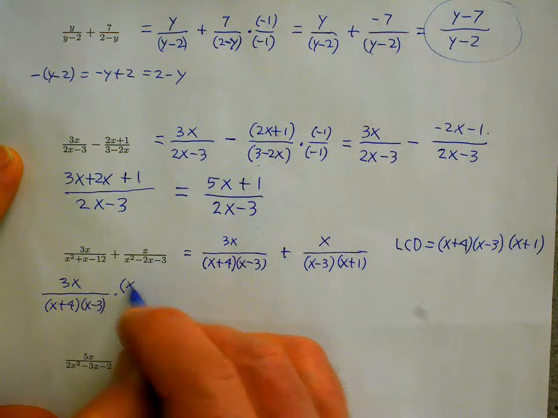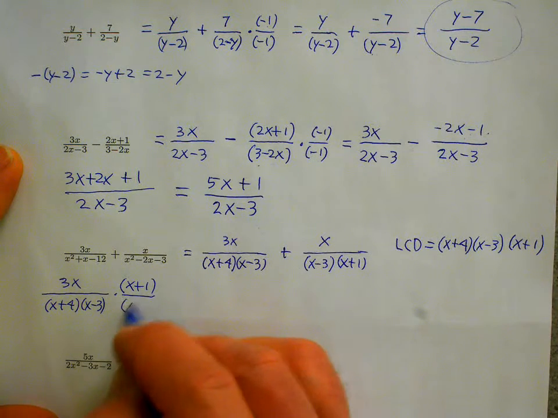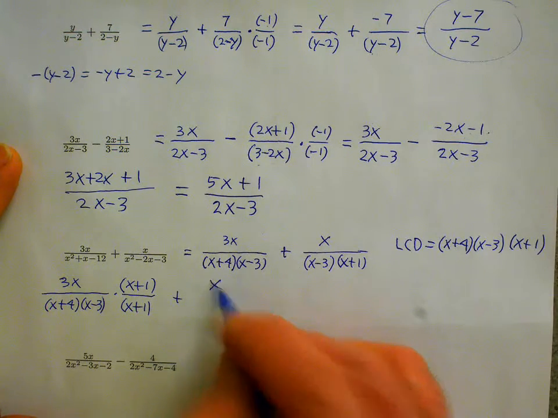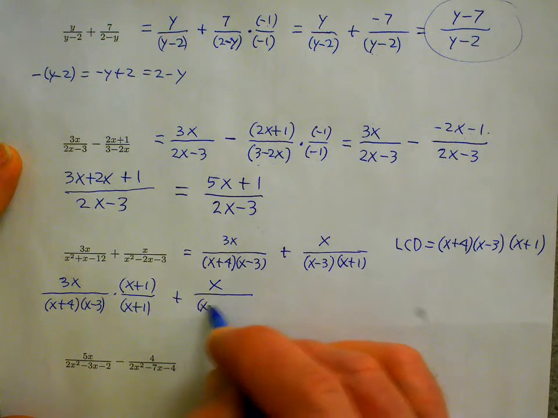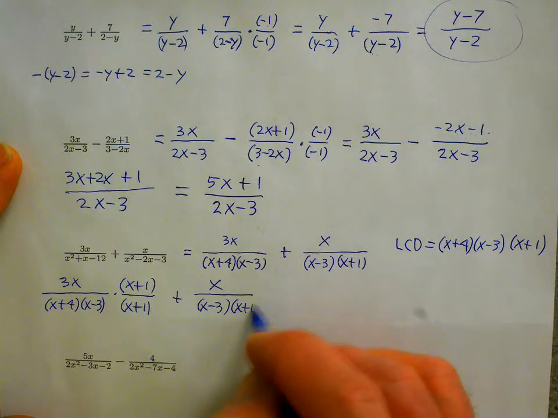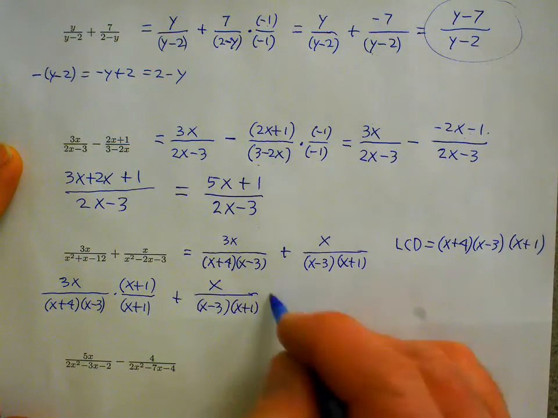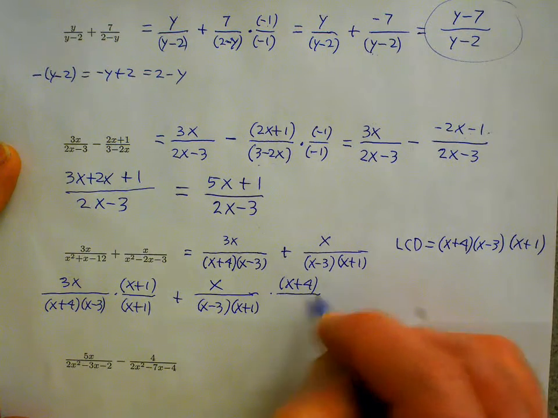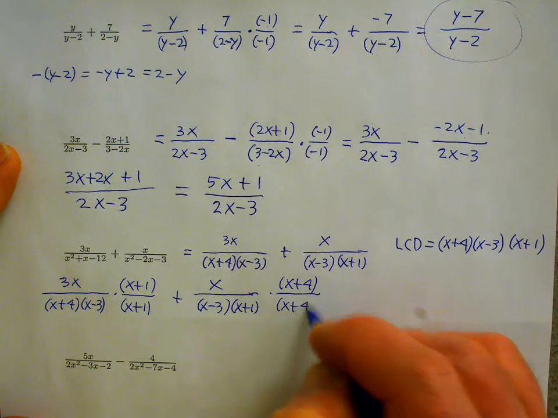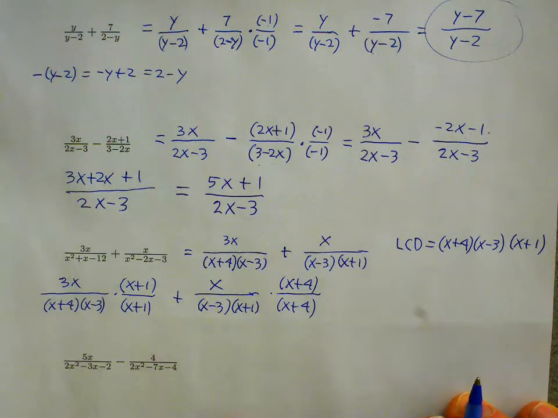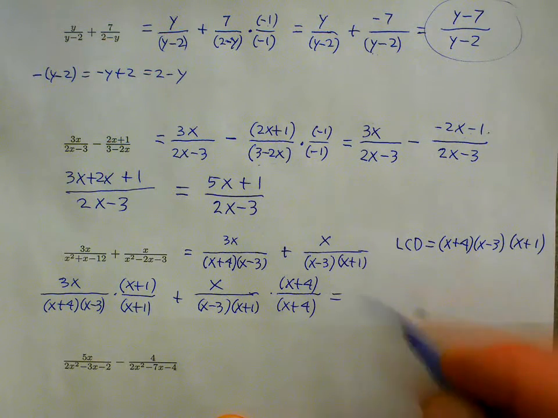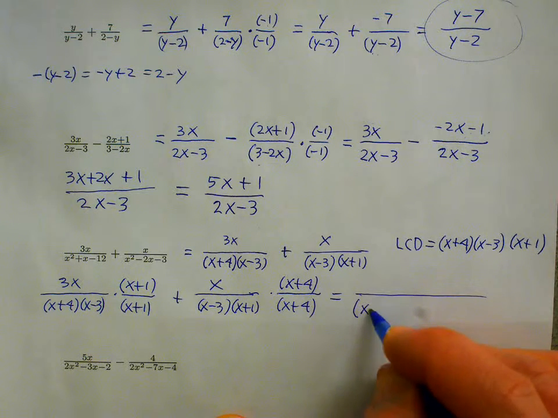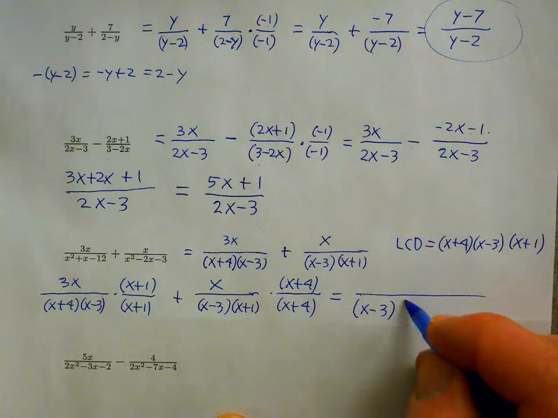And then multiply the other fraction by 1 in the form x plus 4 over x plus 4. Okay, then we can add the fractions because they now have common denominators.